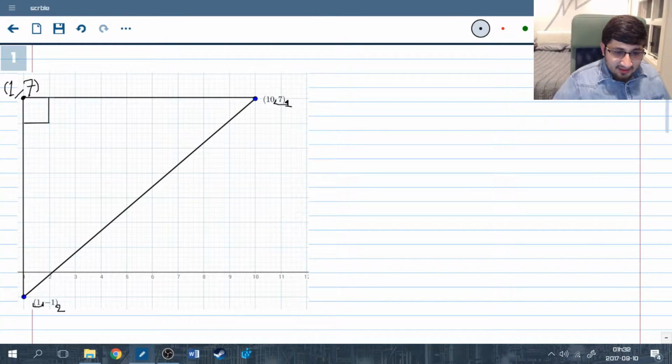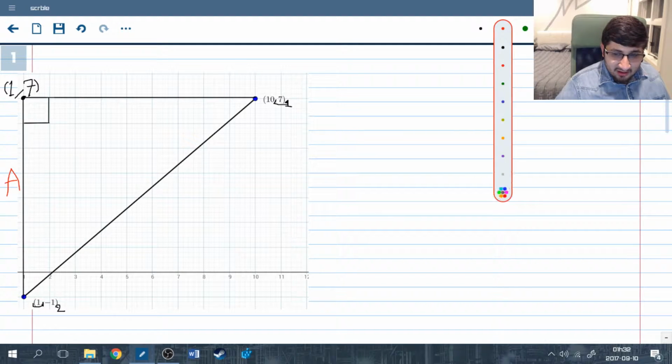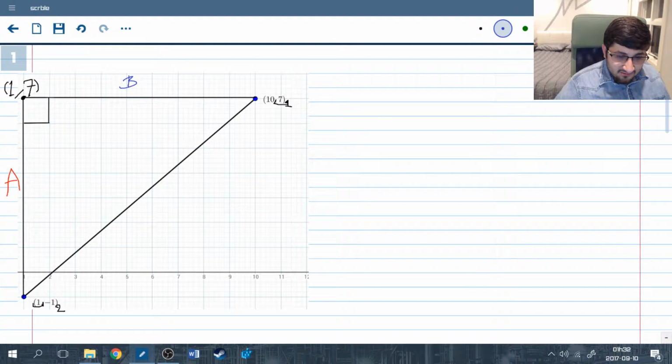After that's done, we can take a look at a very neat property of all right triangles. This is known as the Pythagorean theorem. Basically, it says that a squared plus b squared equals c squared, where we make the 2 line segments next to the right angle A and B, and I'm drawing these in different colors to make them a little easier.